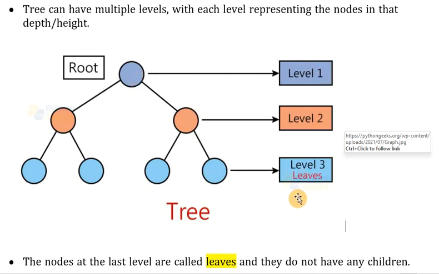When someone asks what the depth or height of this tree is, you have to say the number of levels. You can see this is the first level, this is the second level, this is the third level. So the depth and height of this tree will be 3.